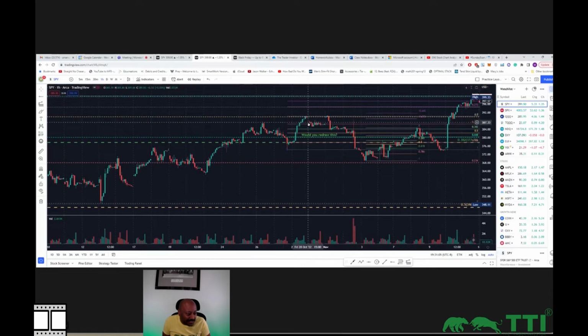You actually would not enter on this one because you never retrace to the green. It kind of just hovers above, right around the 23.6, but it never goes between the green zone. The green to green is really where it shows us. So it's a lot of sideways movement right here, so you just kind of watch it.